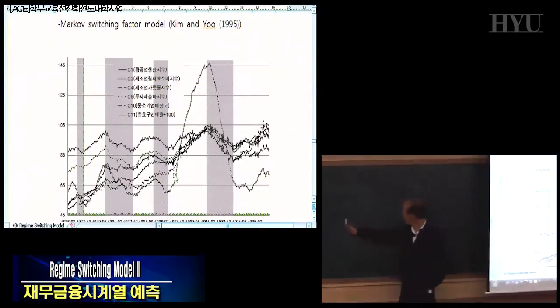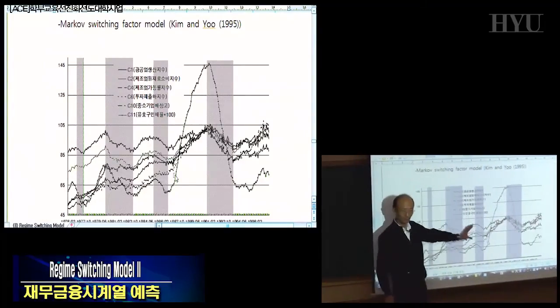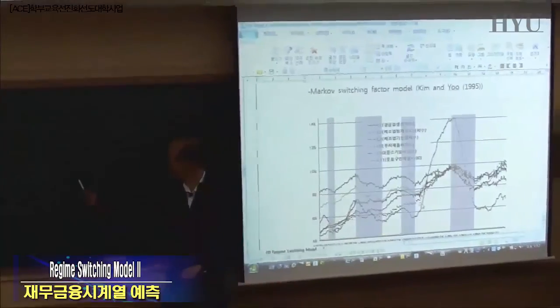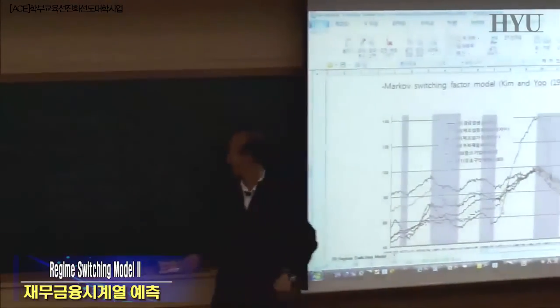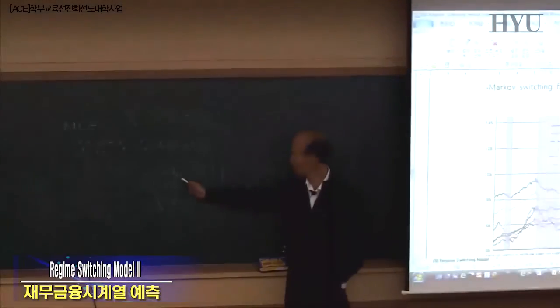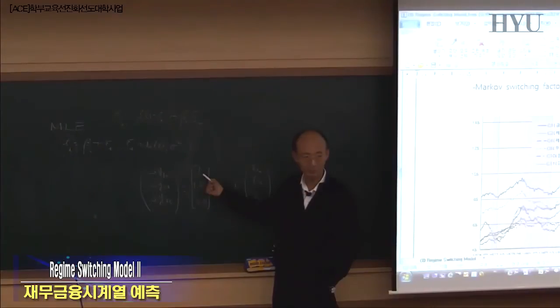So the Ys move together, let's say, there is a common variation, right? Common variation. But some variables are more sensitive than others.